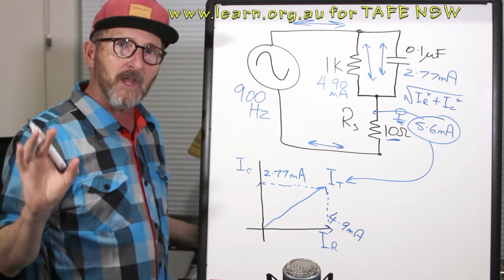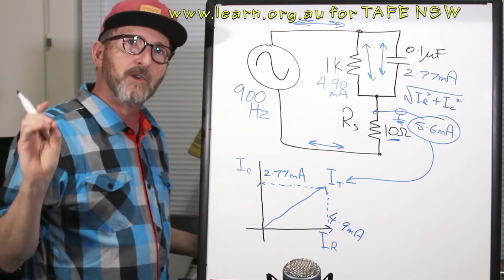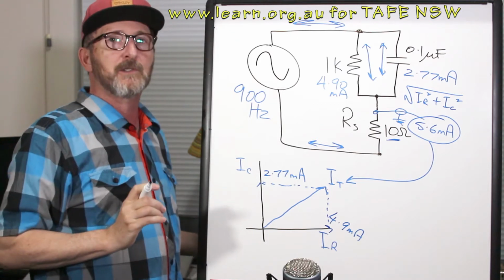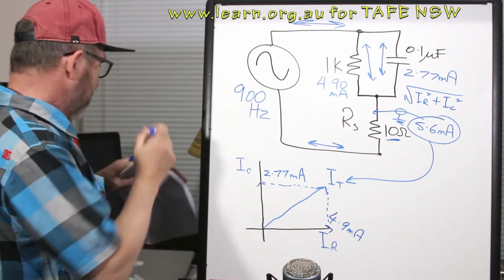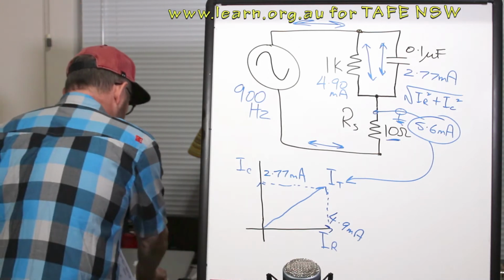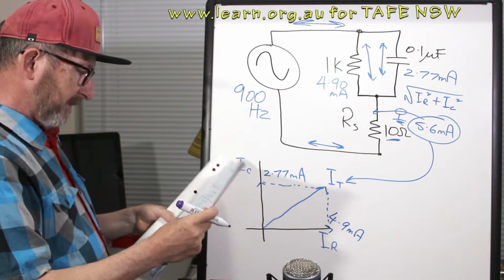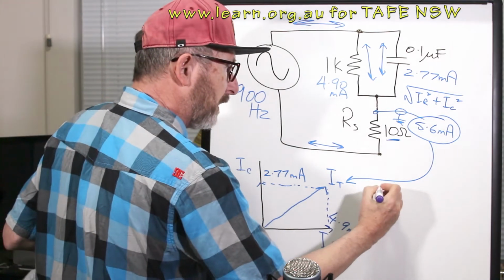If we want to do that, we have to do what's called a parallel to series translation first of all. I'm going to put a couple of things up on the board to look at what we have to do for that. And the first one, REQ.